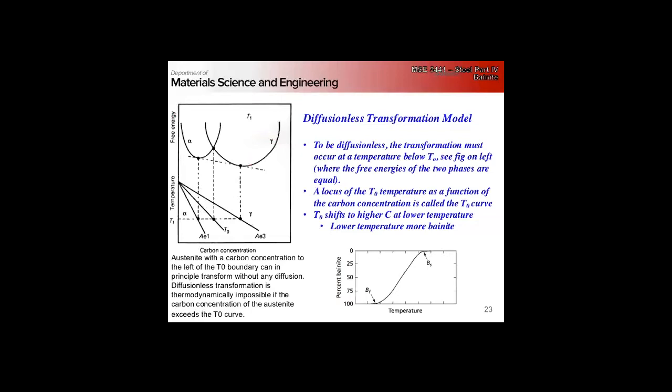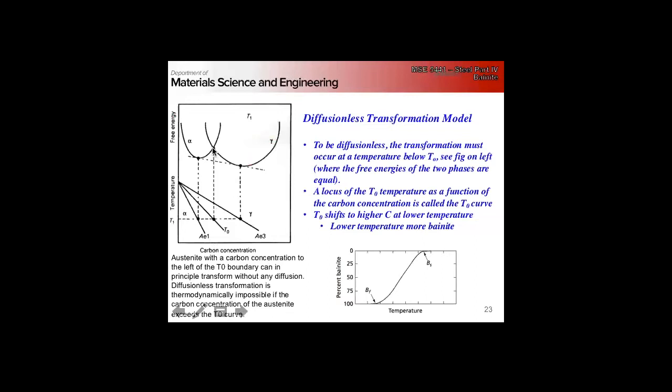So for a given carbon concentration, if our carbon concentration is here, the reaction is occurring where these two curves intersect, where they're equal.